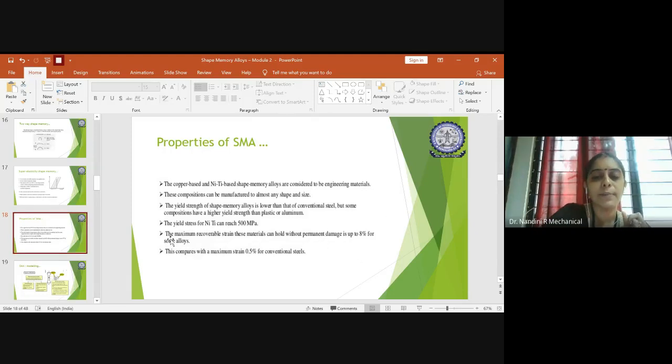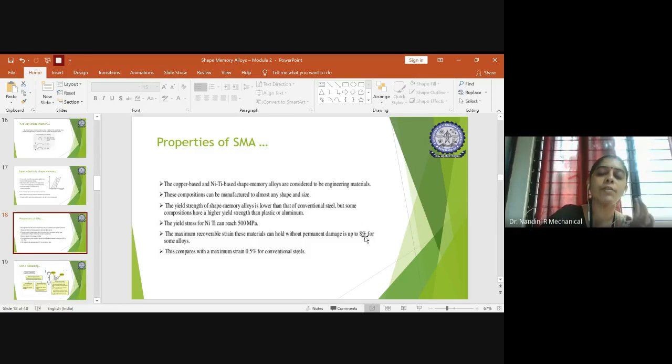And one more characteristic is the maximum recoverable strain. This material can hold a permanent damage of around 8% for some alloys. This mainly speaks about the memory concept of the material. I told you that it cannot come back to the original position 100%; it can be in between 90 to 95%. So roughly we can say the damage caused to the material due to non-recovery of the strain is within the range of 8% for some alloys.